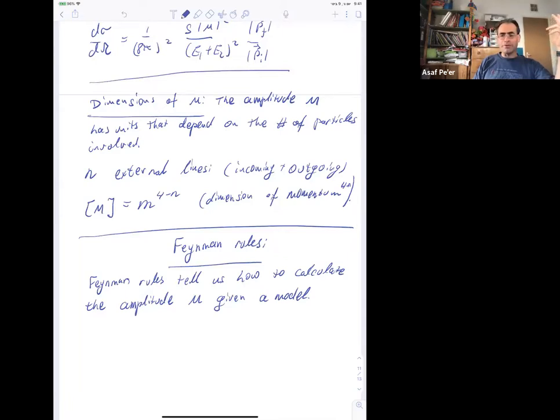When I speak about different models, I'm going to introduce you now to the rules for a model that doesn't really exist. I'm going to use scalar fields, but in reality we have vector bosons and fermions, which have spins. Right now I'm going to skip this part. So the rules for scalar, spinless particles, which don't really exist.